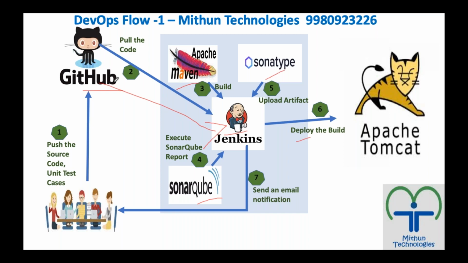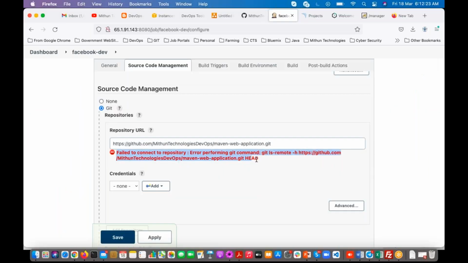Those Git commands are not there, the Git software is not installed in the Linux server where Jenkins is installed. So that's why we are able to see this error. The solution for this error is to install Git in the Linux server where your Jenkins is installed. Right? Just save it.